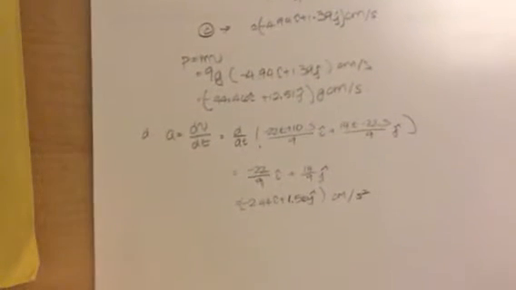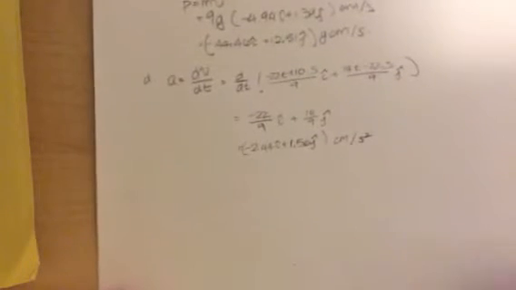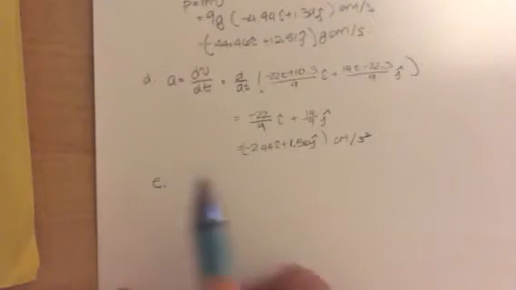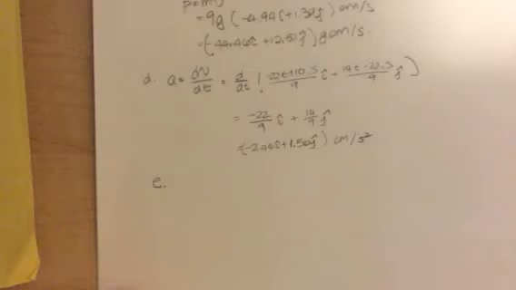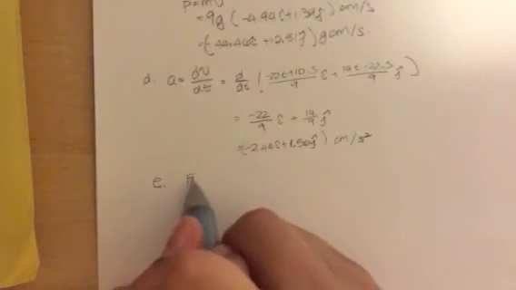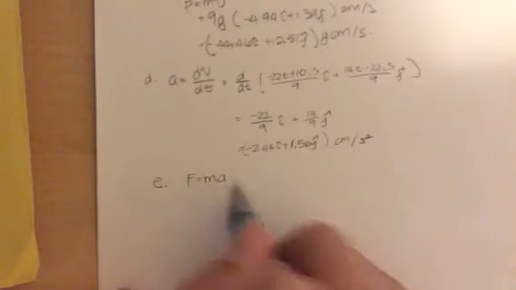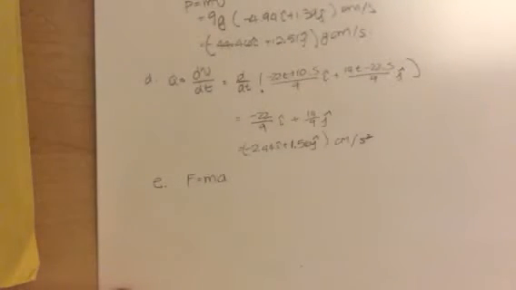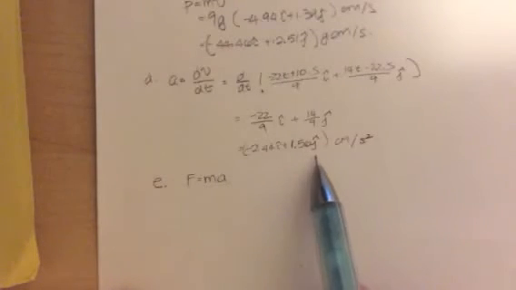Okay, and the last part, E, asks for the net force exerted on the two-particle system. Well, we know force is equal to mass times acceleration, and same as part B, mass is going to equal 9 grams. Acceleration we found right here.